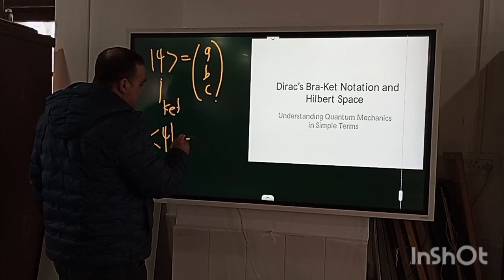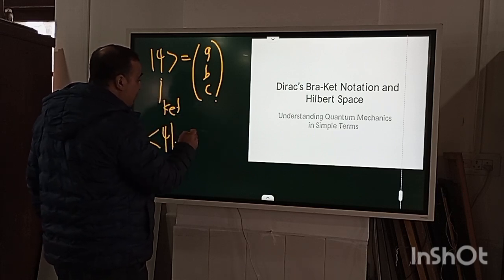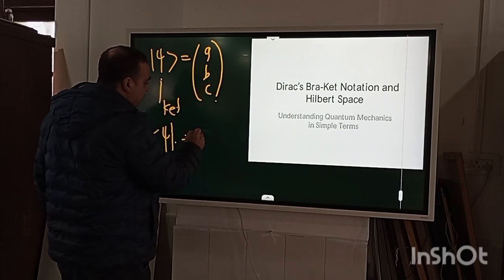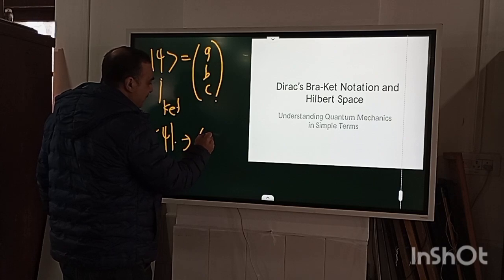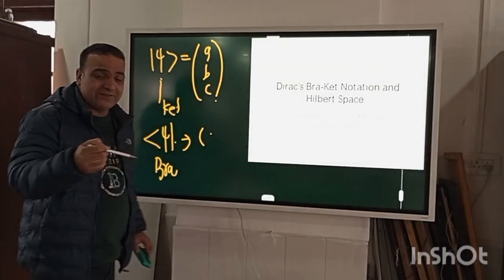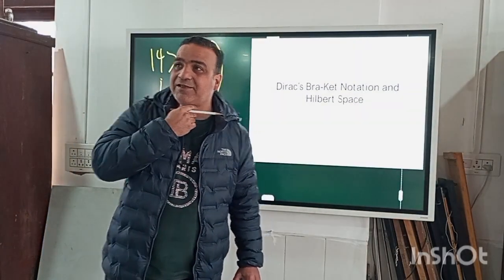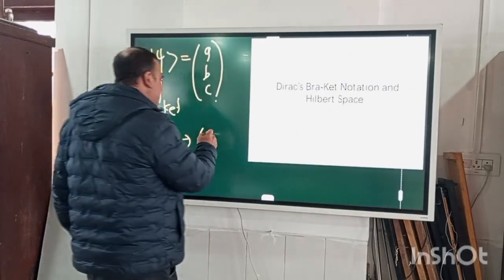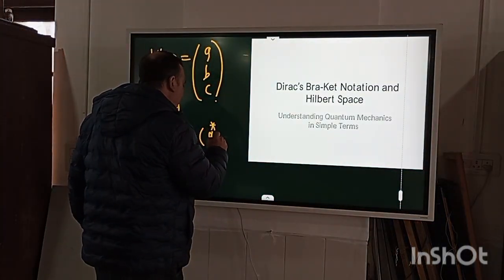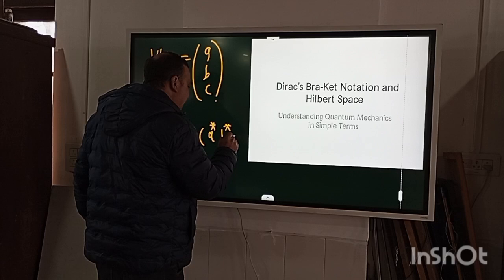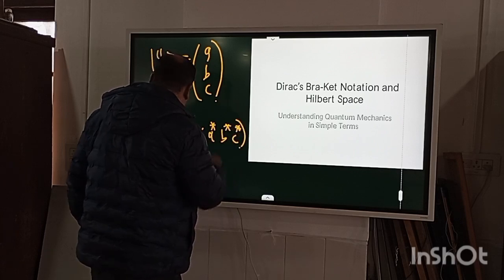In matrix notation, this Bra is a row matrix, but for the elements in the row matrix we have to take the complex conjugate of these elements: A star, B star, and C star.